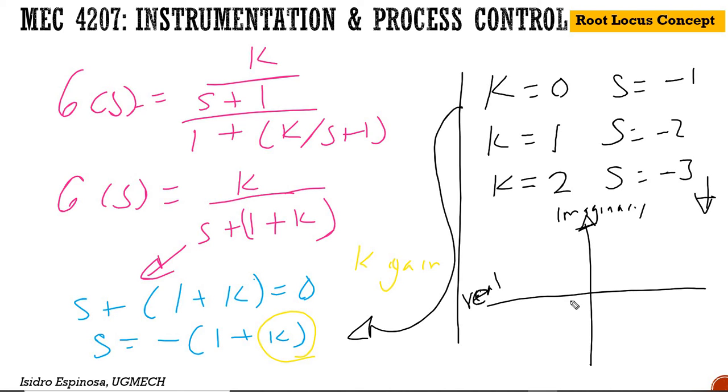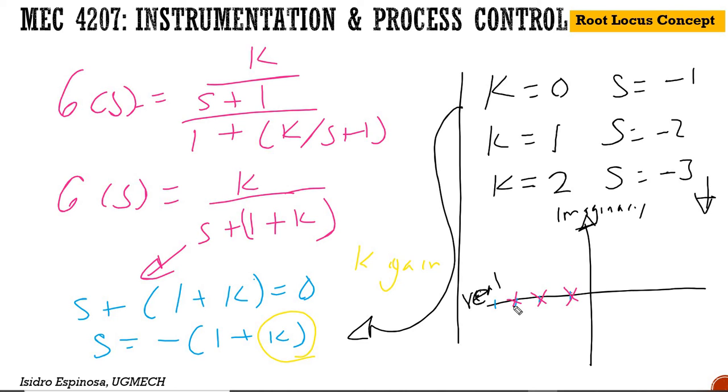Okay, so when we locate the poles, when k is equal to 0, we have a pole of -1, and later when k is equal to 1, we have a pole of -2, and when k is equal to 2, we have a pole of -3.